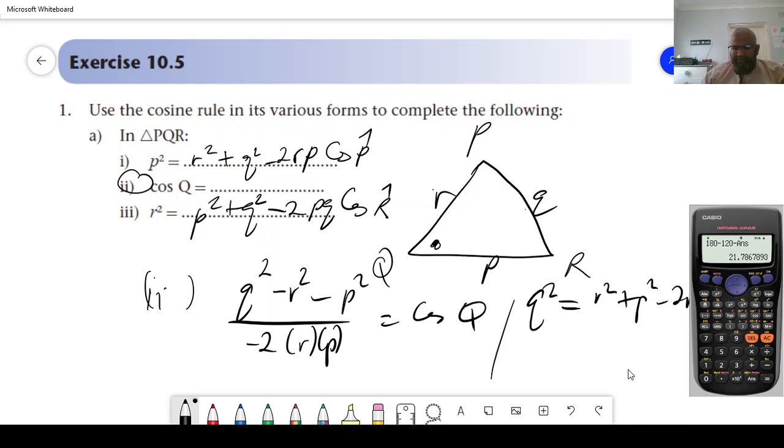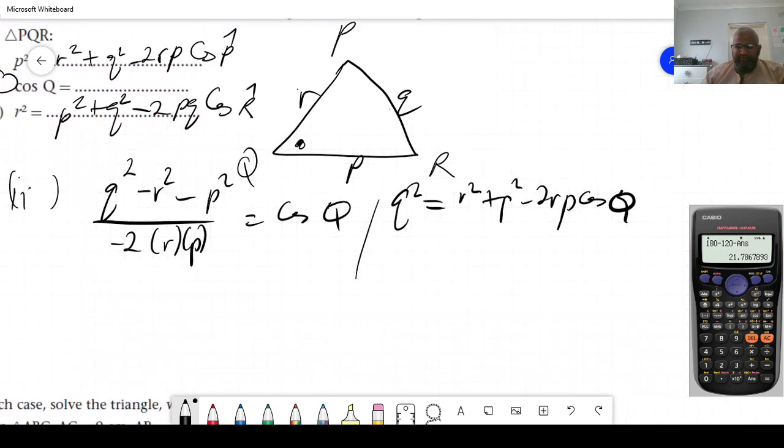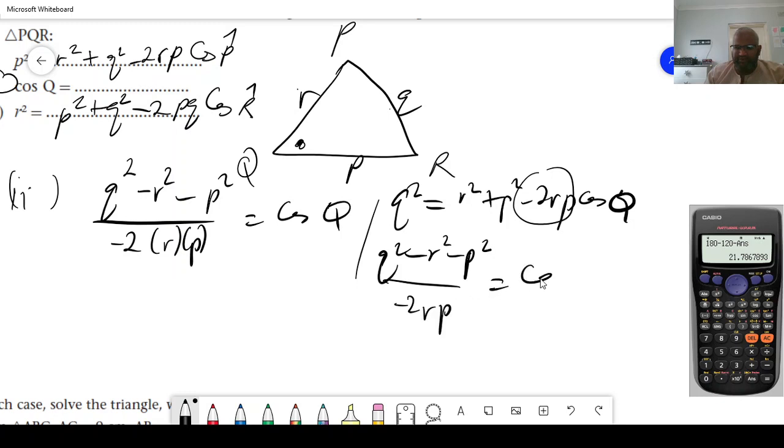Then you make cos q the subject of the formula by taking r squared and p squared over. Since I'm left with that only, I divide both sides by negative 2rp, which is simply cos q is equal to that. Okay.